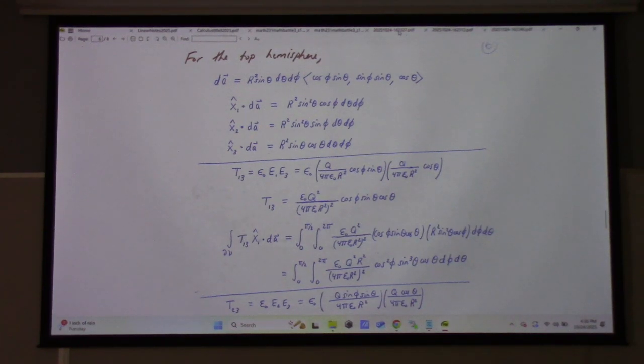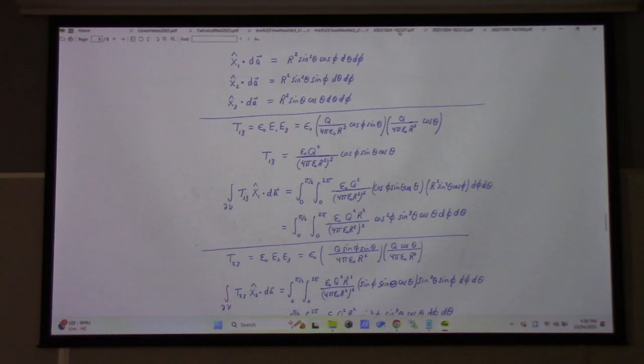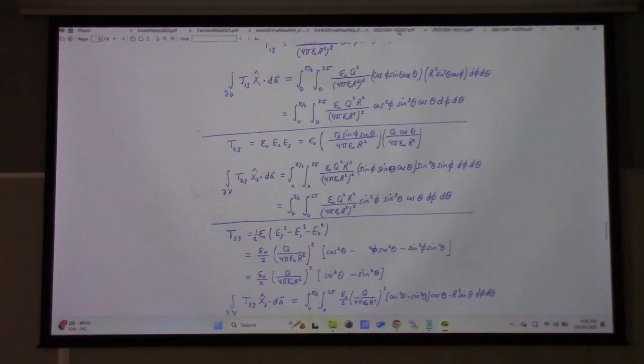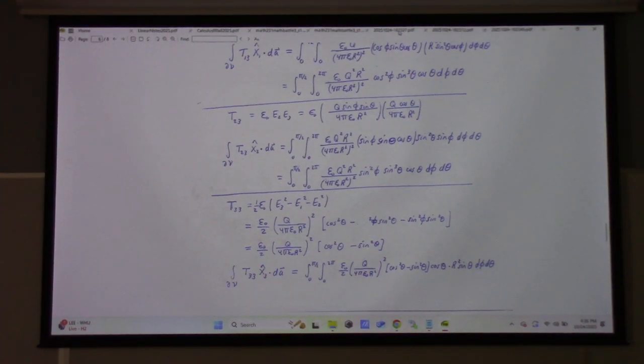And then when we take the dot product of that with the x1, x2 or x3 hat, it just picks off one of the components, right? So we end up with these lovely trigonometric integrals, all right? And we did derive some of this last class, right? But I didn't put it together.